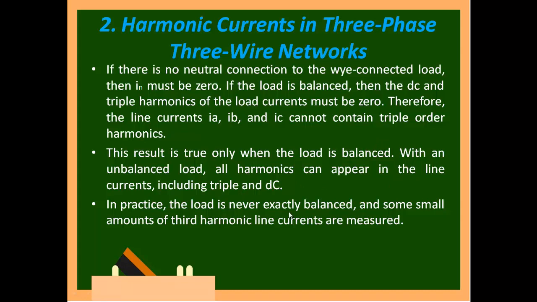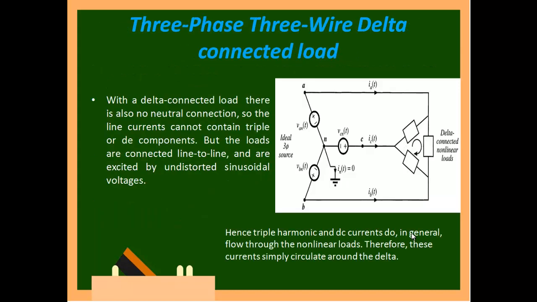In practice, load is never exactly balanced and a small amount of third harmonic line current is measured. Compared to the previous case, this is okay, as even if a small amount is there, it is nothing compared to the first one.